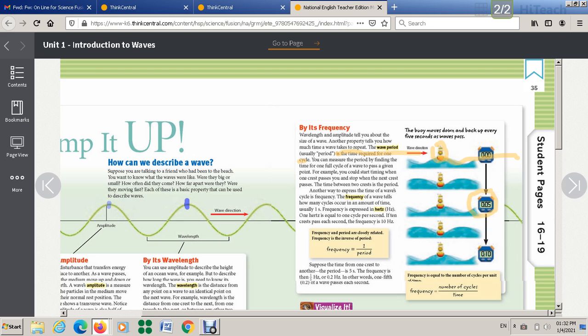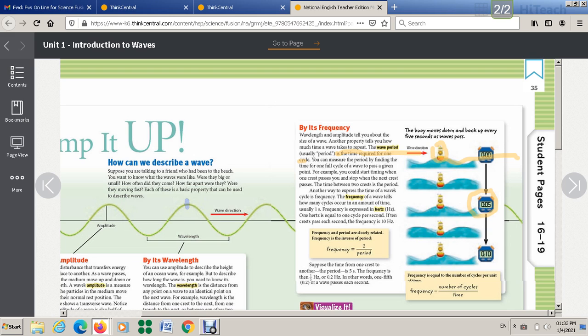The period. Okay, so this is about the period. As it shows in the figure, the pie moves down and back up every 5 seconds as the wave passes. So this 5 seconds represents what? The wave period.